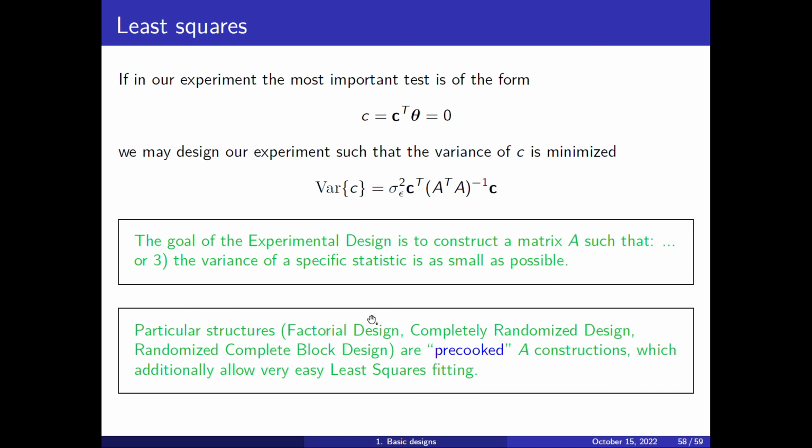So all these designs that we have seen, these factorial designs, completely randomized designs, all these are kind of pre-cooked A constructions. So we are given recipes to compute properties of the matrix A, and then computers will solve the problem with least squares, and what we can do in advance is to design the properties of that matrix A that has to be inverted.